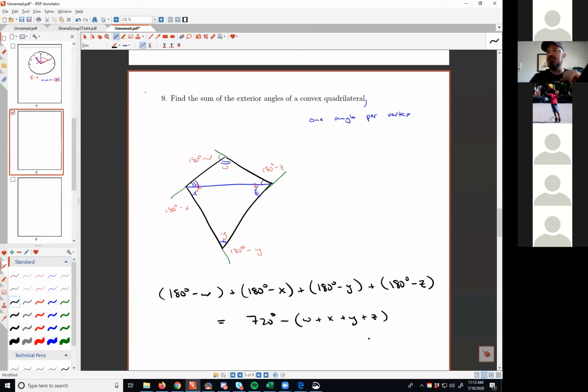And if the sum of the interior angles is, like we said, the sum of the angles of 2 triangles when we triangulate, then we get 720 degrees minus 360 degrees, which is itself 360 degrees.